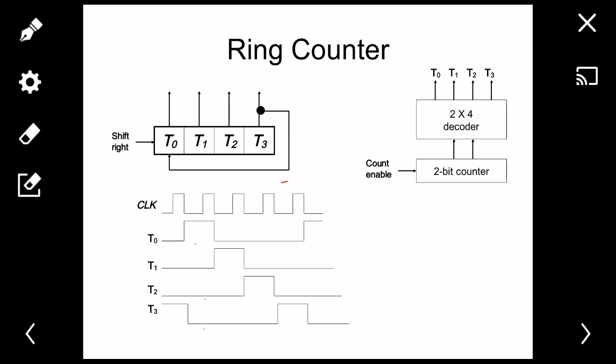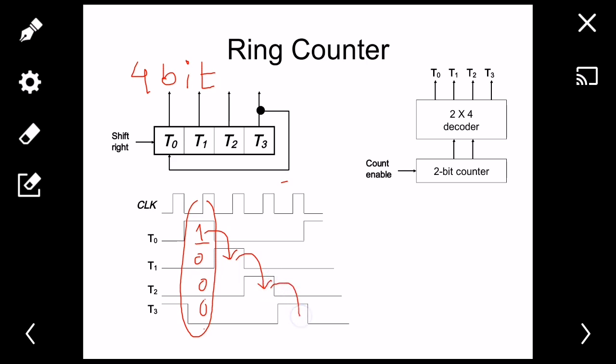You can see here it's a 4-bit ring counter, and if you look carefully at a given time at the four outputs right here, only the first one is 1, all are 0. Okay, this has to be maintained, and then this one shifts at the next clock pulse, and then this one shifts to the next clock pulse, and so on.